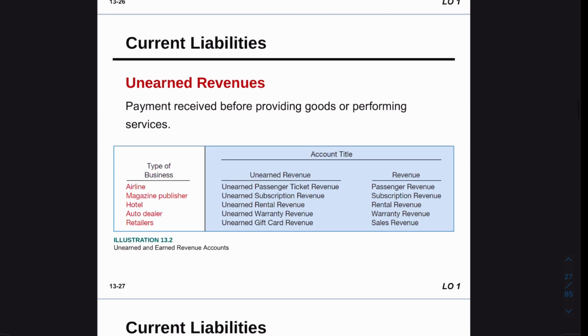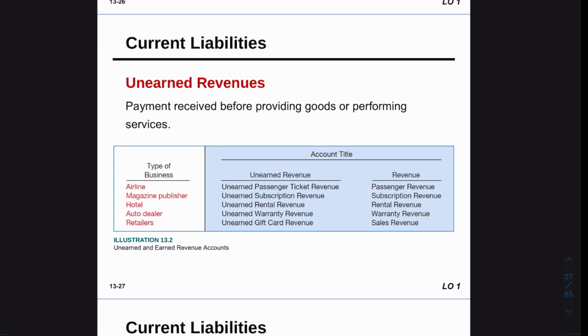Okay, and then we have unearned revenue, which is payment received before providing goods or performing services. We have some types of business where you have to pay first, and then they will provide you the goods or perform the services. For example, an airline. You pay for the ticket first, so the company receives the cash, and then they provide you the services.